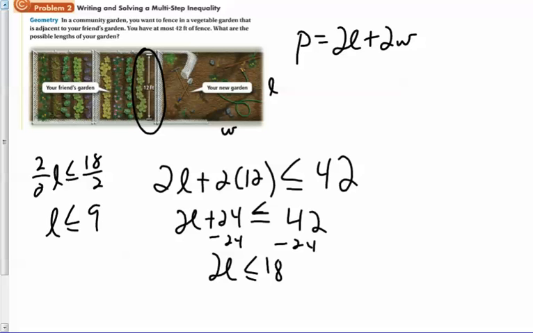So the length, because you already know that this side of the fence right here is going to have 12 feet on it, right? So then this side right here and that side right there have to be less than or equal to 9 feet, and we'll be good. So 9 feet or less can be the length of the garden for your fence. Okay, you have a Got It. Why don't you pause the video, do it, and I'll see you back here in a minute.